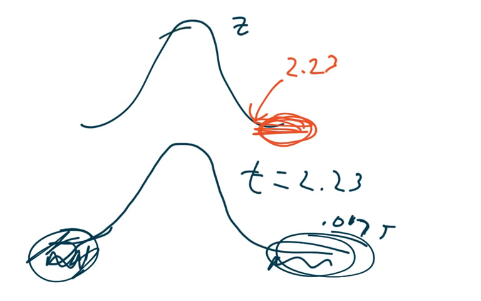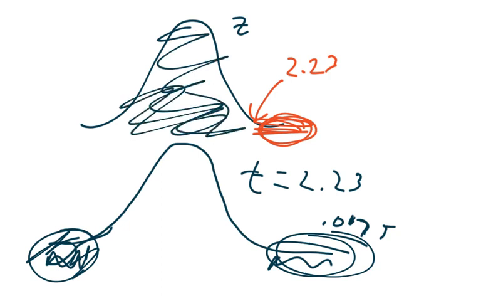More data is towards the middle, towards the mean here, in other words, okay? And so therefore, logically, this p-value for the same score, 2.23, is definitely going to be a smaller amount, percentage, or p-value.